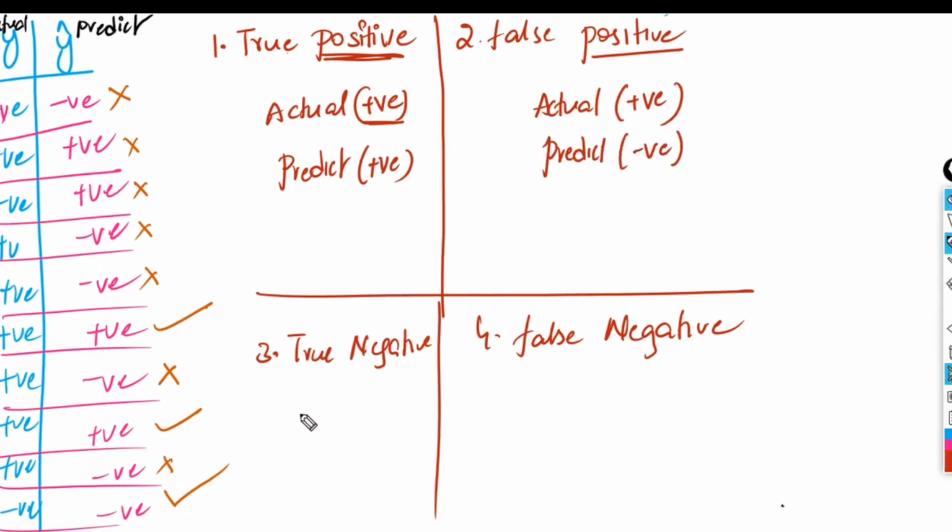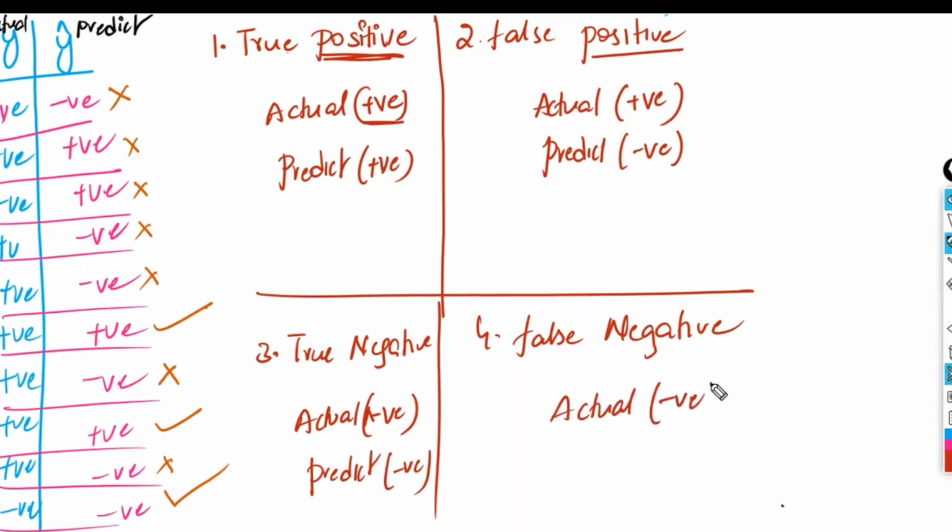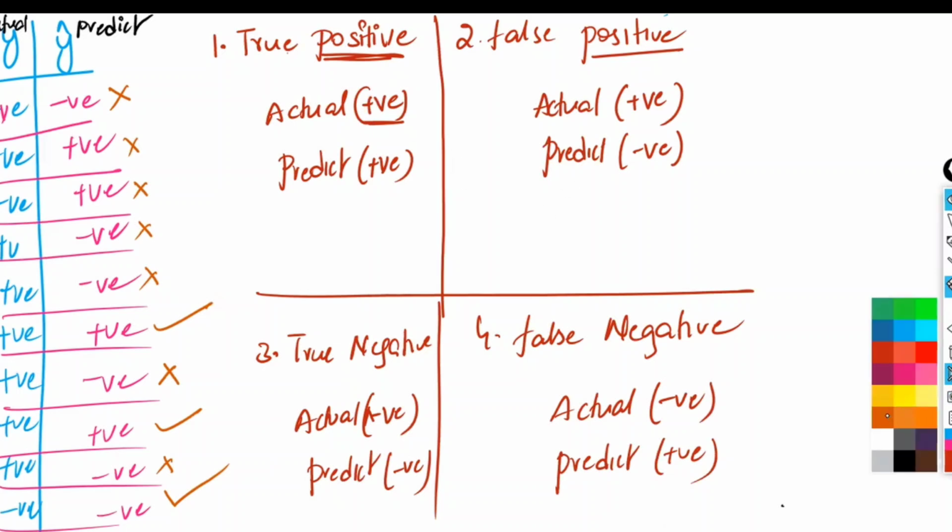True negative means actual should be negative and predicted value should be the same, because the word true means both should be the same. False negative means actual should be negative and predicted should be positive. Right?